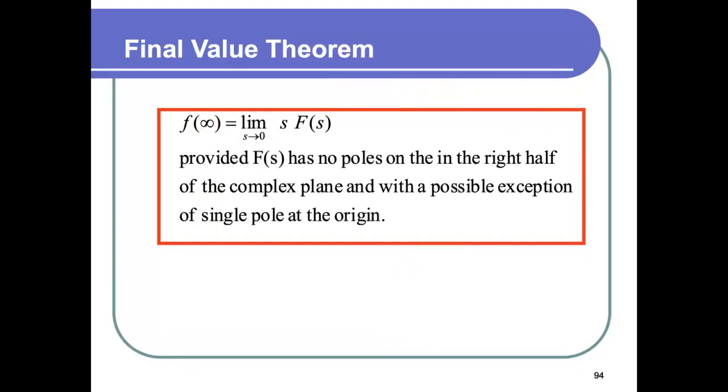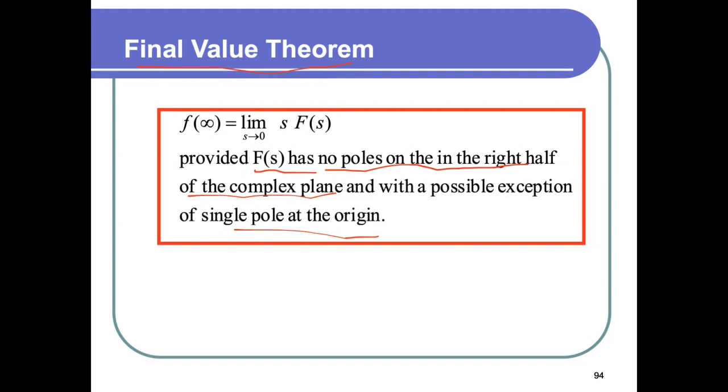There is a condition for this final value theorem to be applicable. The function F has no poles on the right half of the complex plane, with the possible exception of a single pole at the origin. This is important.